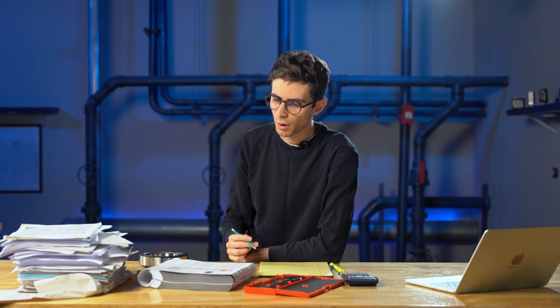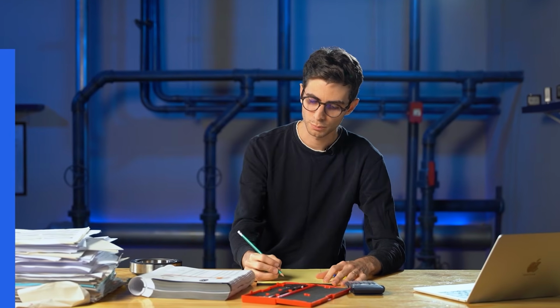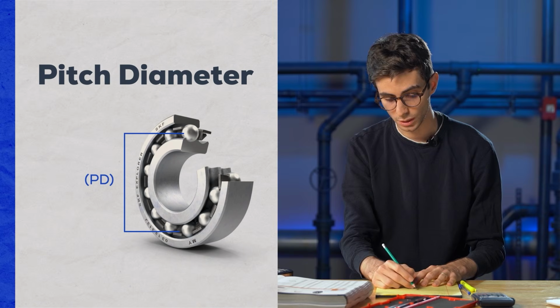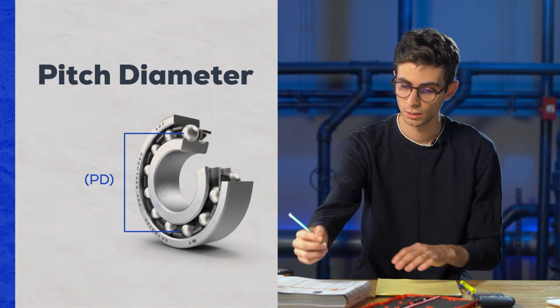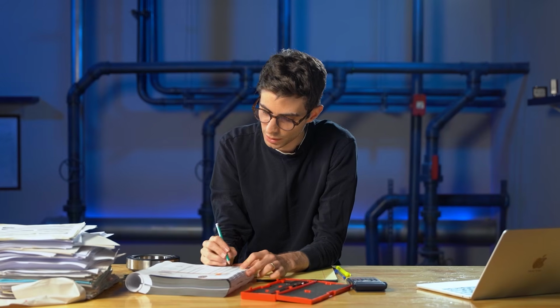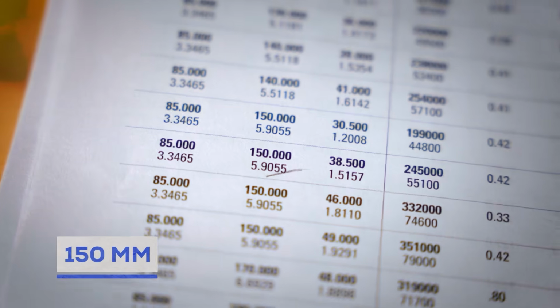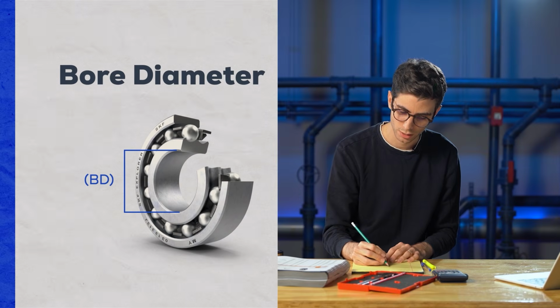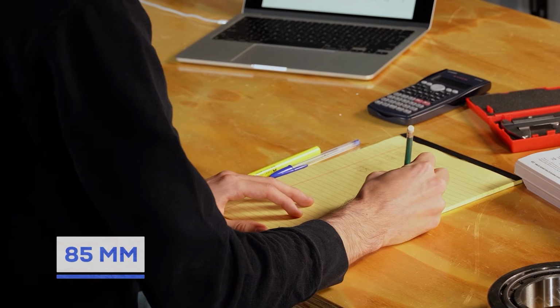One of the first parts of the formula is to calculate the pitch diameter, PD, and that's going to be the outer diameter, which is this big guy right here. We're gonna use the metric system for this one, so it's 150 millimeters. And then the bore diameter, which is the inner one, and that is 85 millimeters.